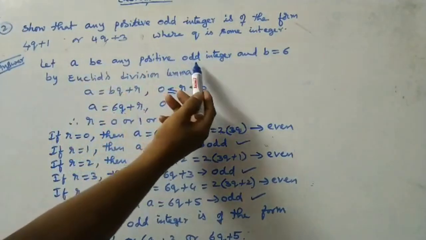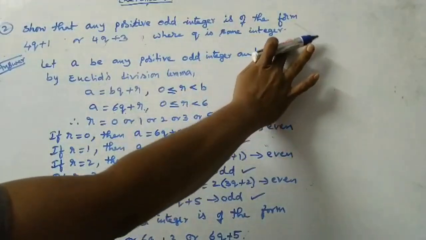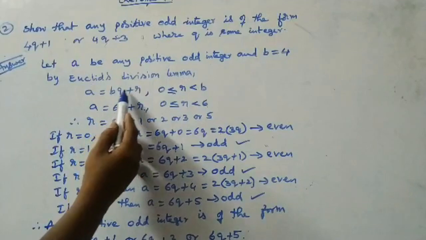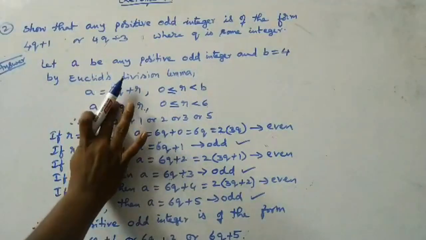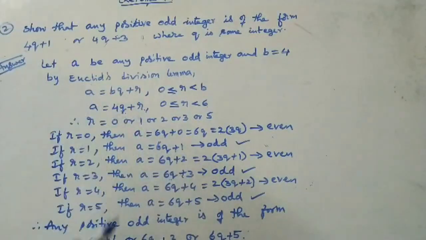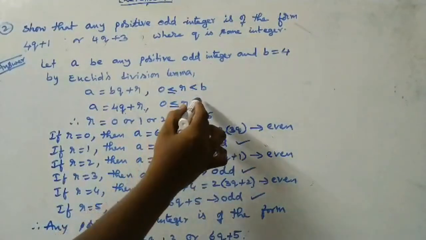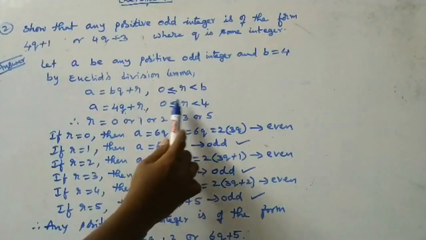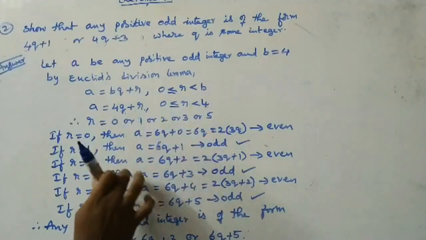Let a be any positive odd integer and b is 4. By Euclid's division lemma, a is equal to bq plus r. So a is equal to 4q plus r, where r lies between 0 and 4. Now the remainders are 0 or in between 0 and 4.